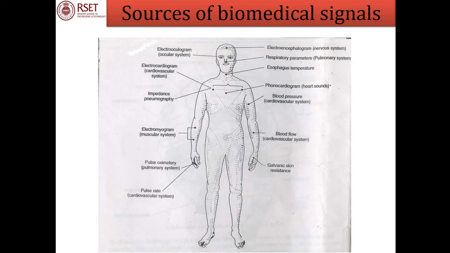Then we have the electrocardiogram, which gives out the signals based on the function of the heart. We have the electromyogram, which gives the function of the muscles. We are able to get the galvanic skin resistance, which gives the impedance of the skin. Similarly, we have various other locations from where we can gather the pulse rate, the heartbeat, etc.